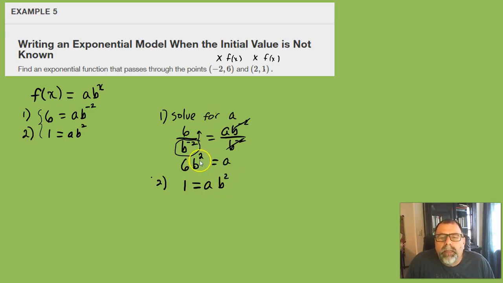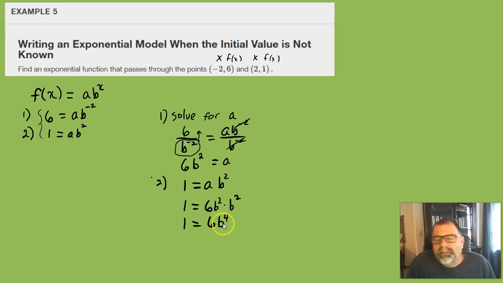And I'm going to take this expression, a, and substitute that. So 1 equals 6b squared times b squared, which equals 6b to the 4th using exponent rules. Add the exponents if the bases are the same.